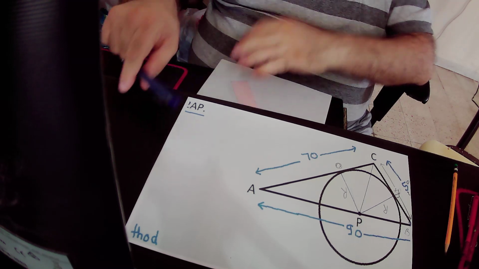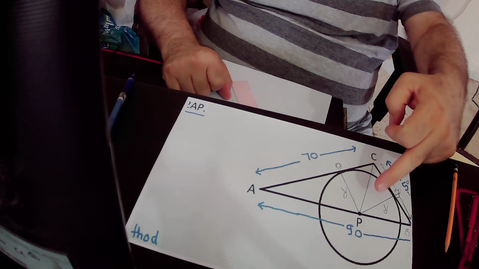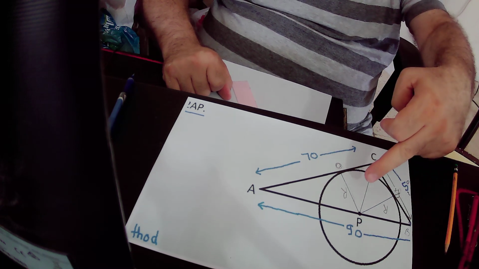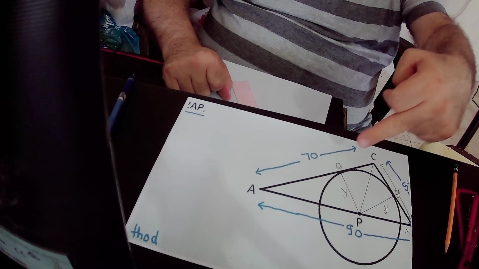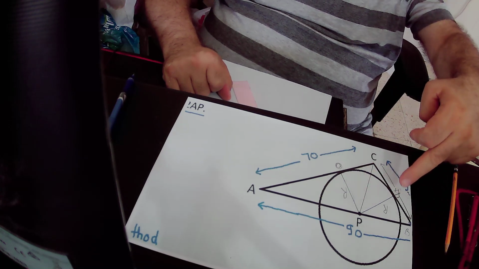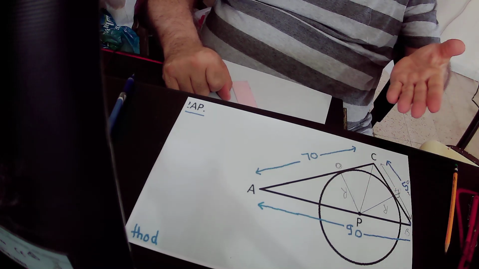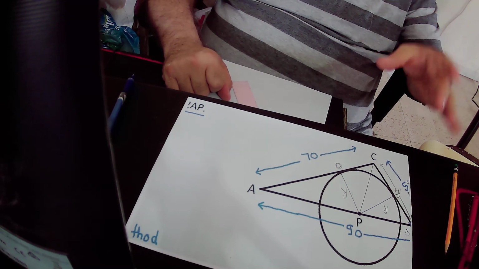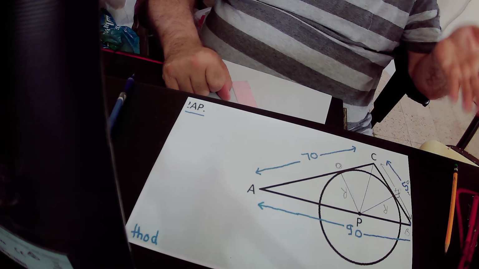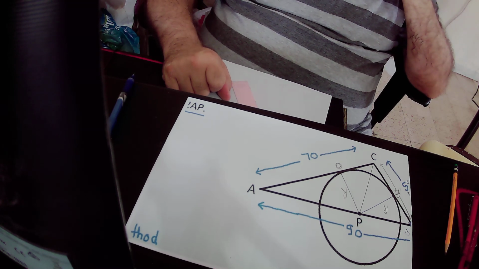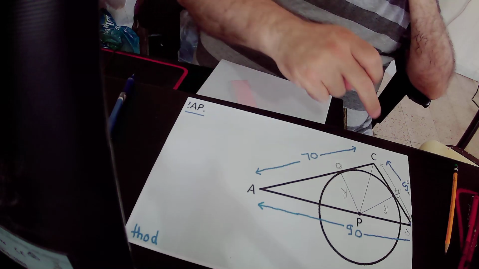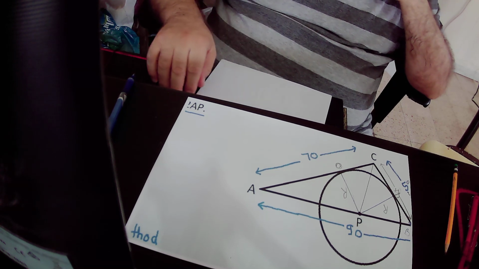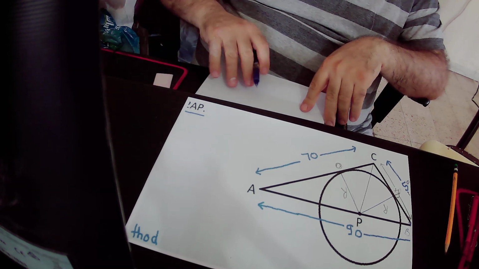But as I have already told you, PO also equals PE equals R, because both of those lines are radii of the circle, so they are equal to each other. And also PC equals itself.